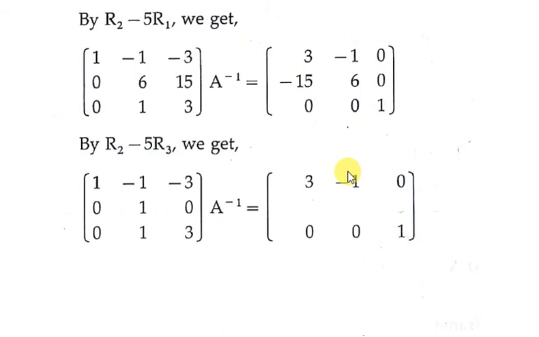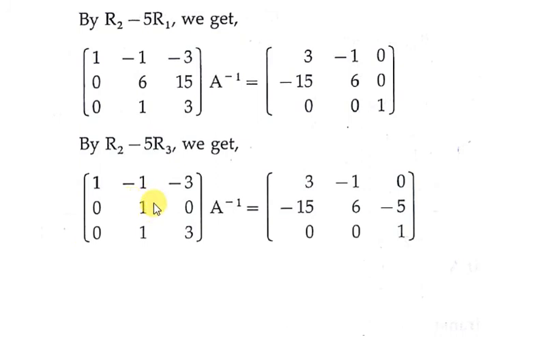Similarly on the opposite side, R2 is 15 and R3 is 0, so 15 minus 5 times 0 is equal to minus 15. Next are 6 and 0, so 6 minus 5 times 0 is equal to 6. Next are 0 and 1, so 0 minus 5 times 1 is equal to minus 5. This is the way the second row gets the value 1.